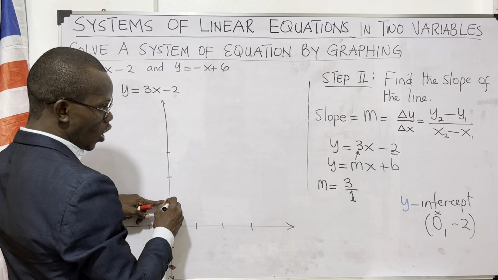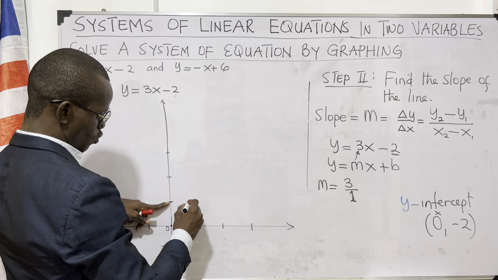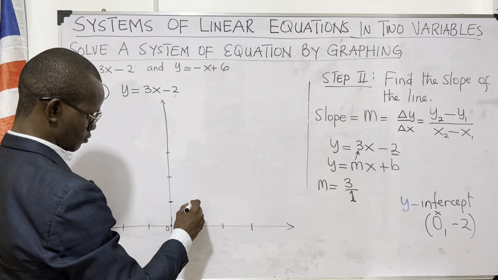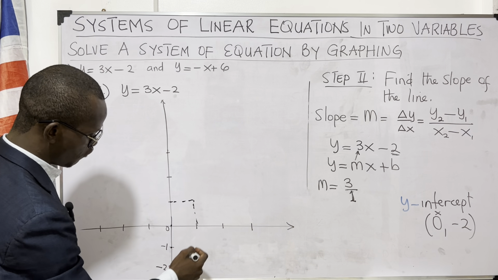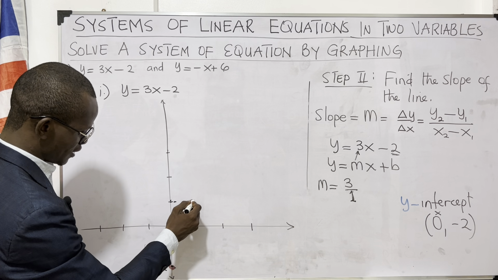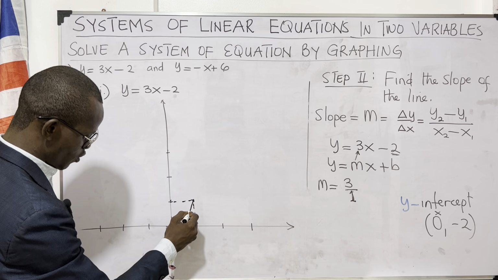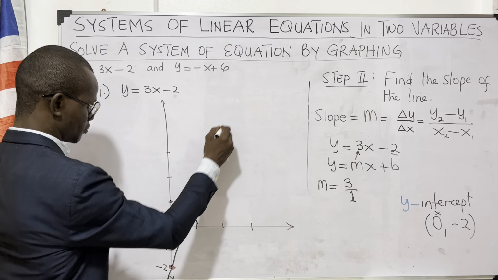Then we should also move 1 unit in the x direction. So it's like you are forming a kind of slope, right? So we move it like this. So from here now we run a line through it, straight upward.